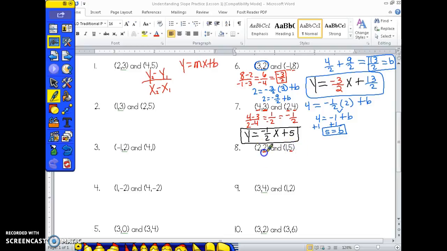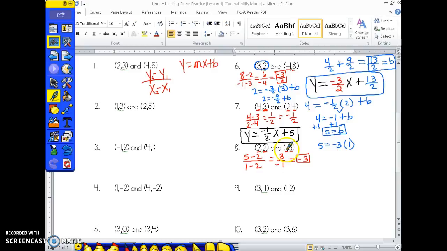So this is 5 minus 2 over 1 minus 2. 5 minus 2 is 3. 1 minus 2 is negative 1. 3 divided by negative 1 is negative 3. I plug that in. 5 for y equals negative 3 for my slope times 1 for the x.